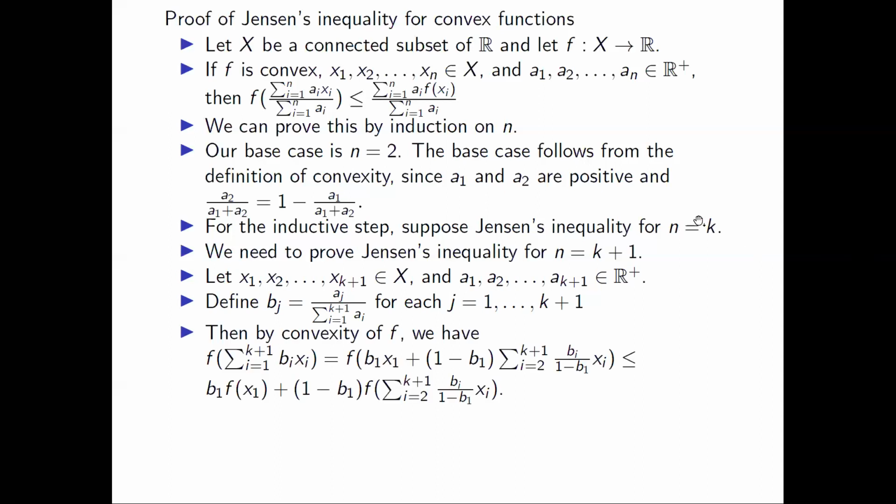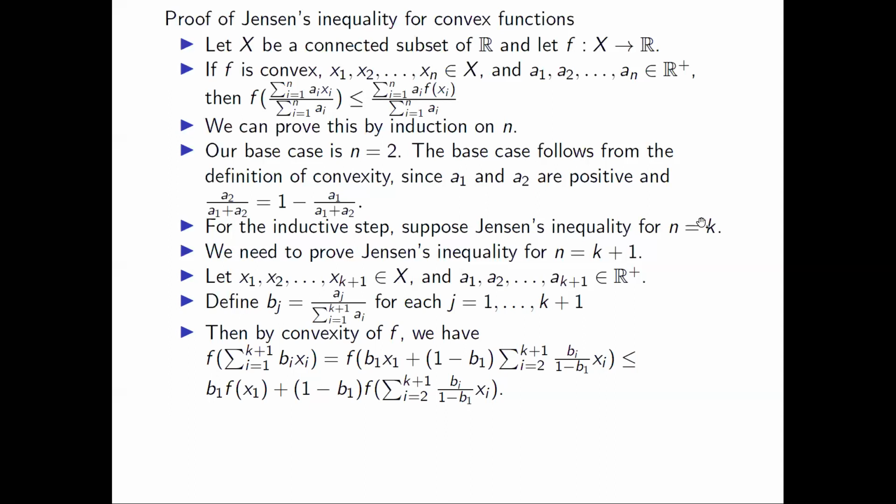By the convexity of f, we can get an inequality. And this inequality is going to get us most of the way to proving this inductive step for Jensen's inequality. Before we apply the convexity, we will first rearrange the left side of Jensen's inequality.